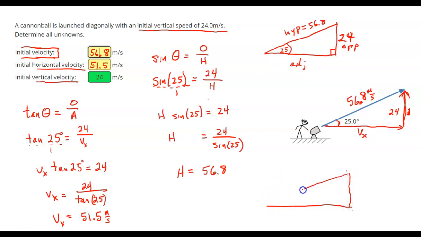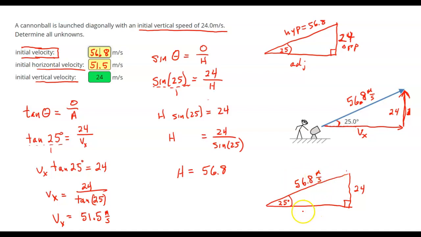Okay, so in this case, here's our right triangle. We had an angle of 25 degrees down here. They gave us the opposite side was 24 meters per second. We figured out that the hypotenuse was 56.8 meters per second.